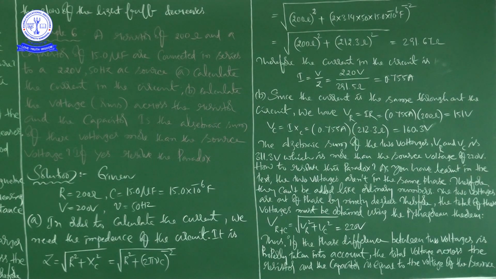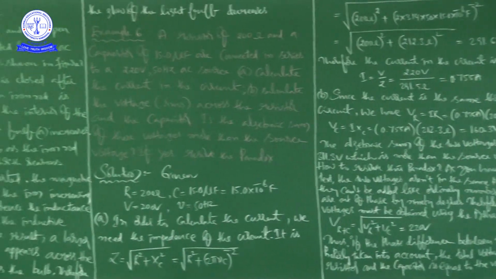Once we use the Pythagorean theorem, we automatically get the applied voltage, 220 volts, here also. That is what he is saying.